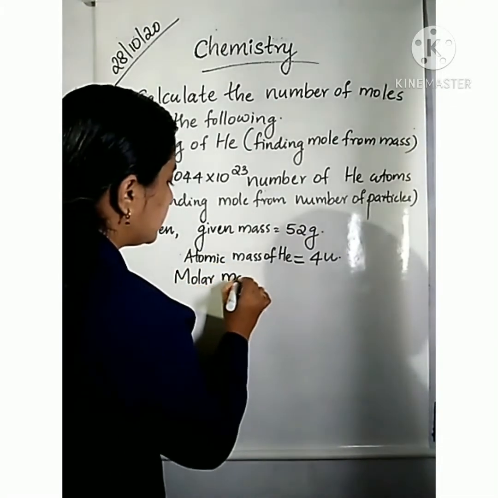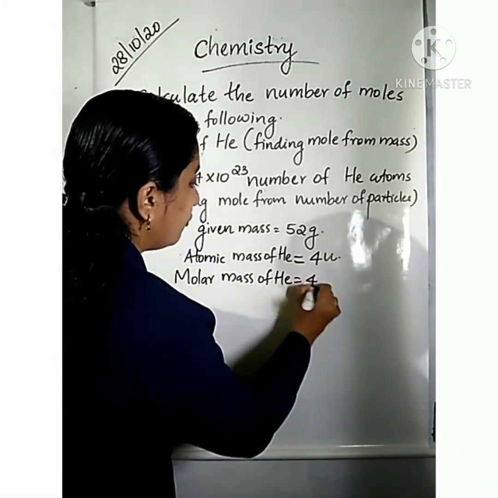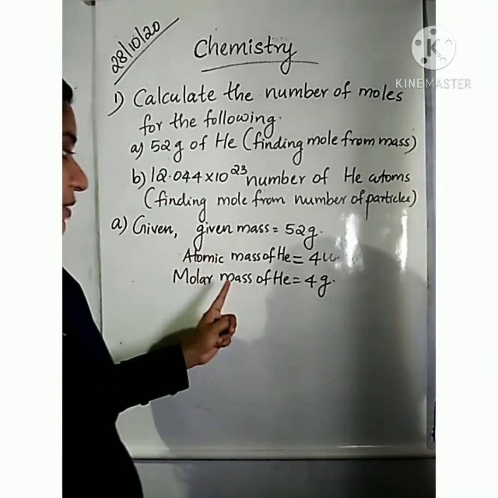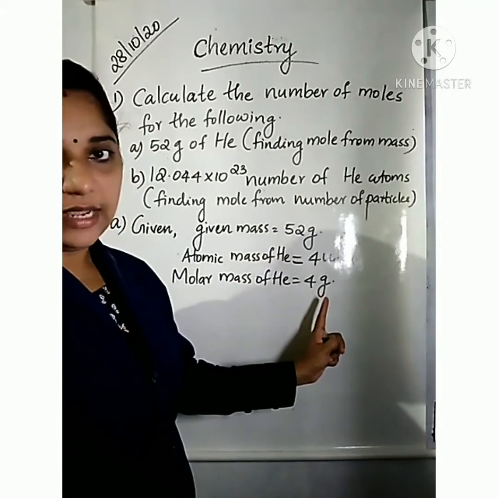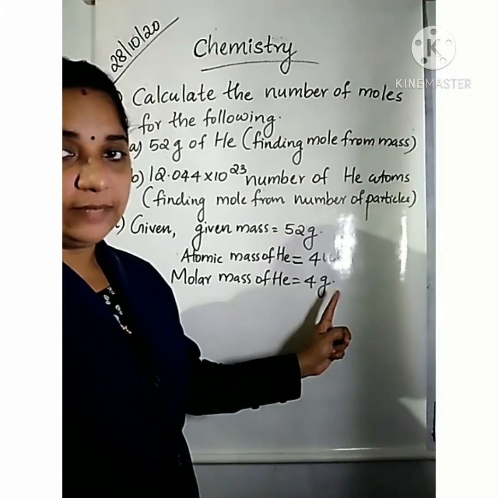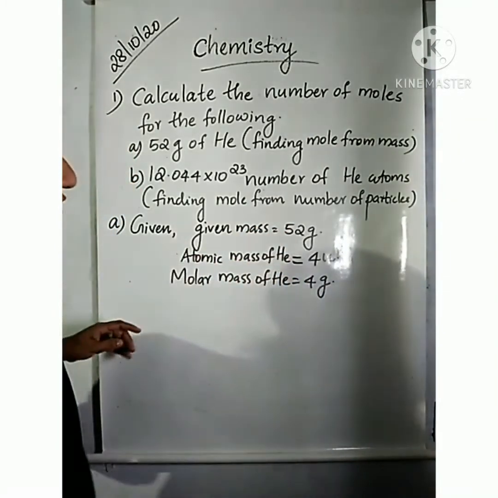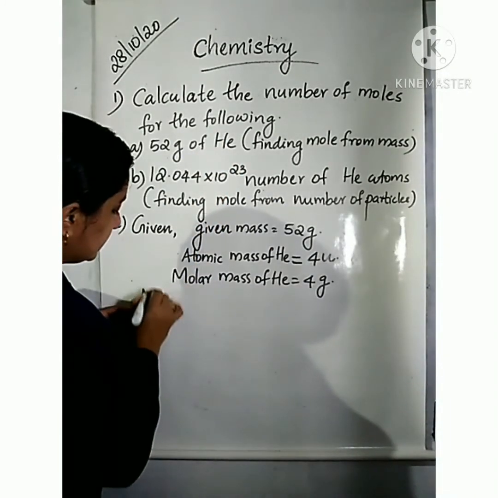So, molar mass of helium equal to 4 gram. I already said, molar mass is same as atomic mass, but it is expressed in grams. So, these two variables are known. From these two variables, we have to calculate the number of moles.